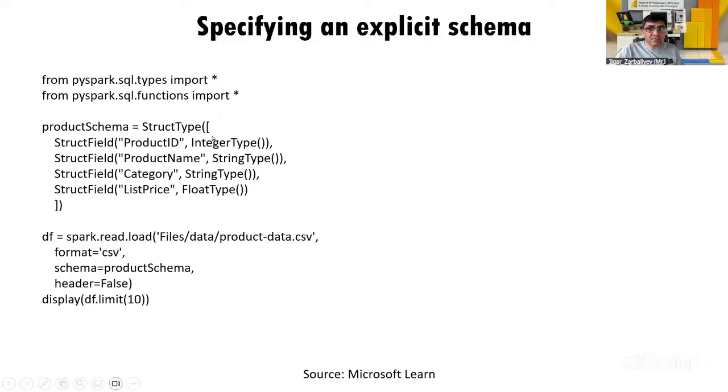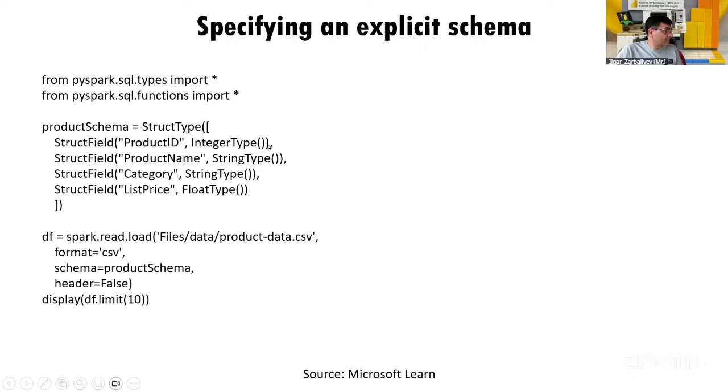And this PySpark example shows how to specify a schema for the data frame to be loaded from a file named product_data.csv in this format. From pyspark.sql.types import *, from pyspark.sql.functions import *, product_schema = StructType.